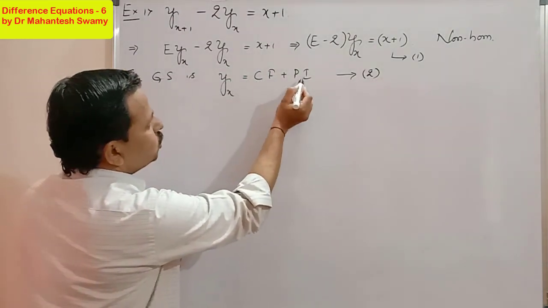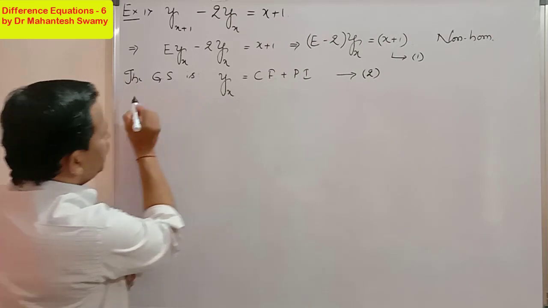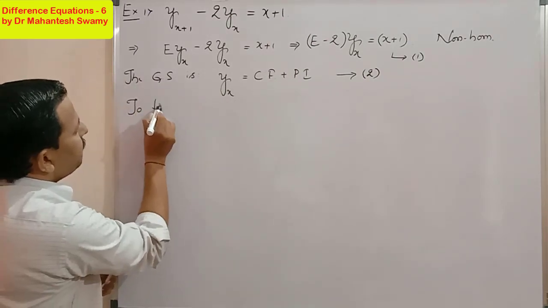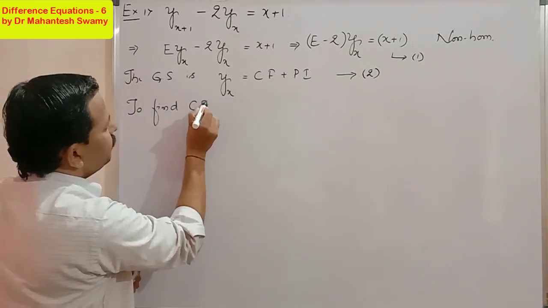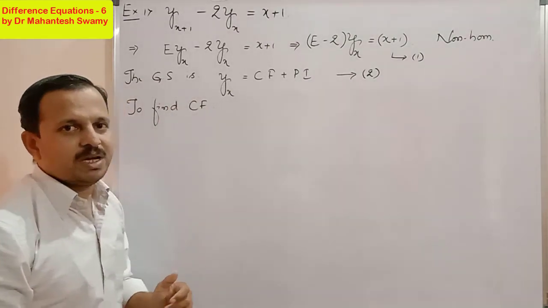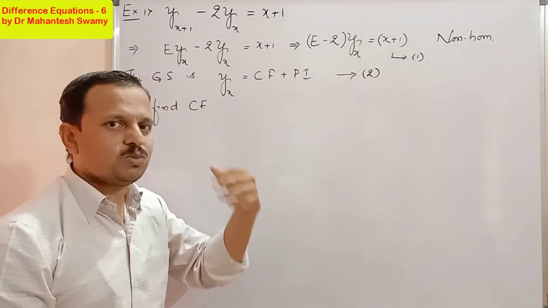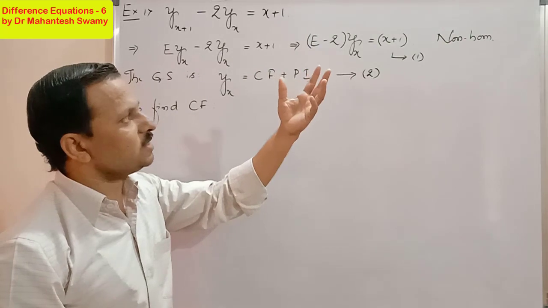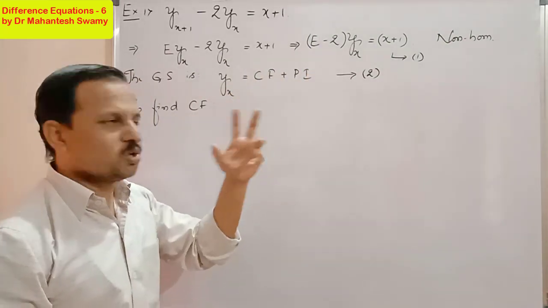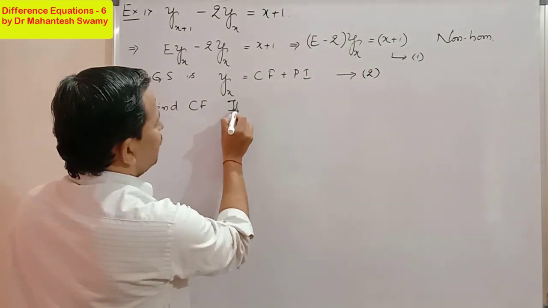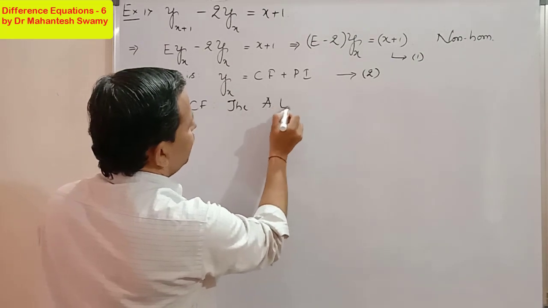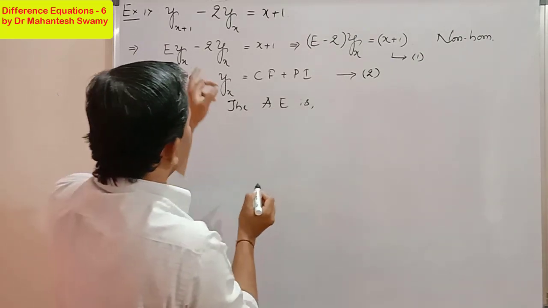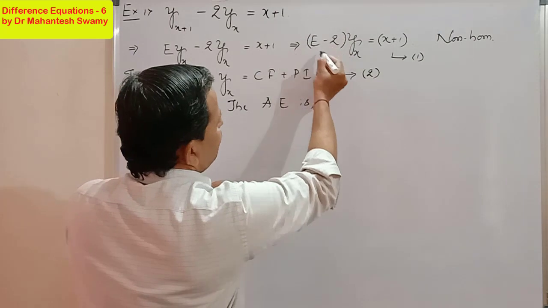Now we have to do two jobs. The first job is to find CF. So how to find the CF? It is exactly same as we have proceeded in the case of homogeneous equations. So we have to write the auxiliary equation.